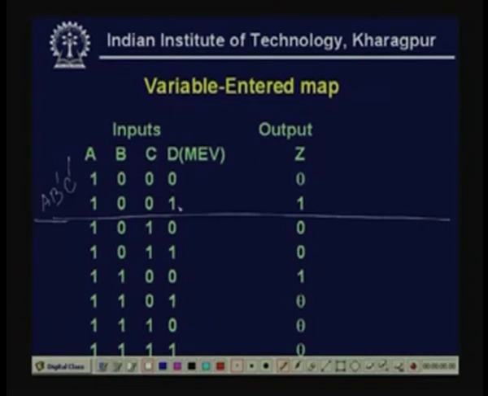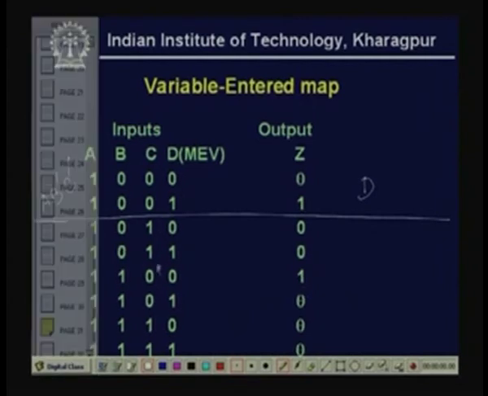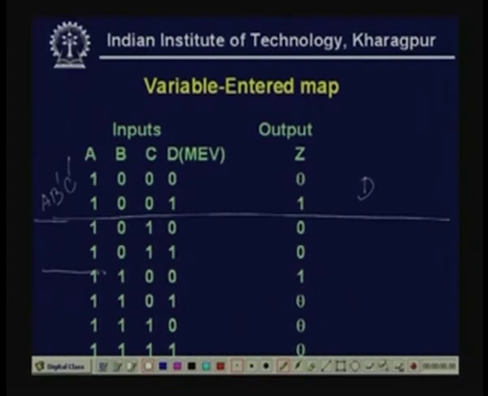See, D is 0 1, Z is also 0 1, that means my output is D. Then for this term, A, B dash, C, my output is 0.